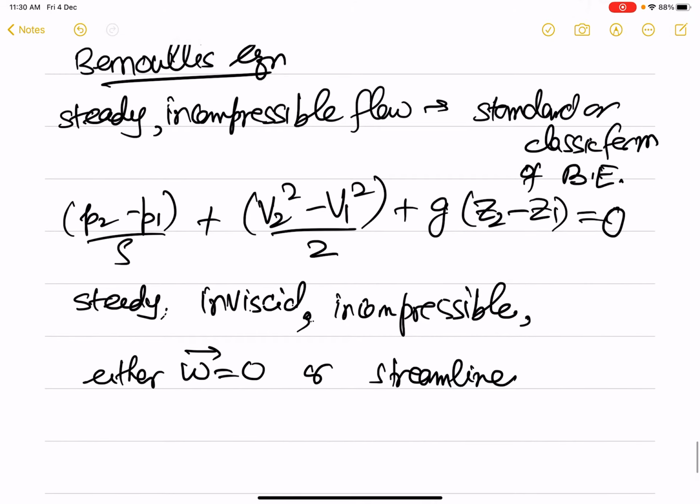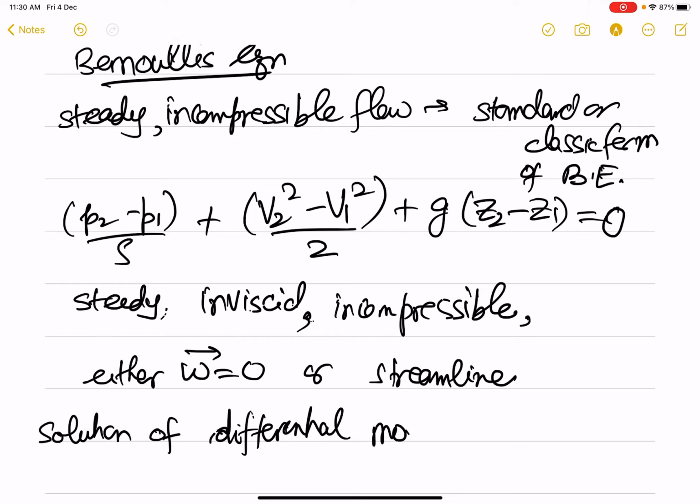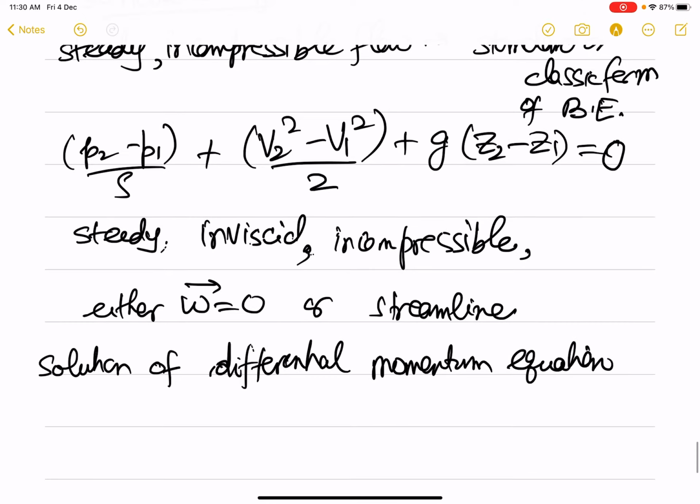Now what we see here is that we look at this as a solution. We don't look at this as an integral equation, or integral flow analysis, we look at this as a solution of the differential momentum equation. The momentum equation, when we integrate it along a streamline, gives us this form.